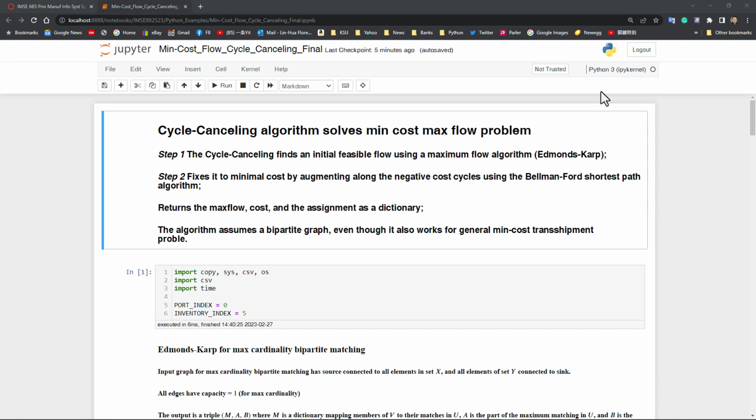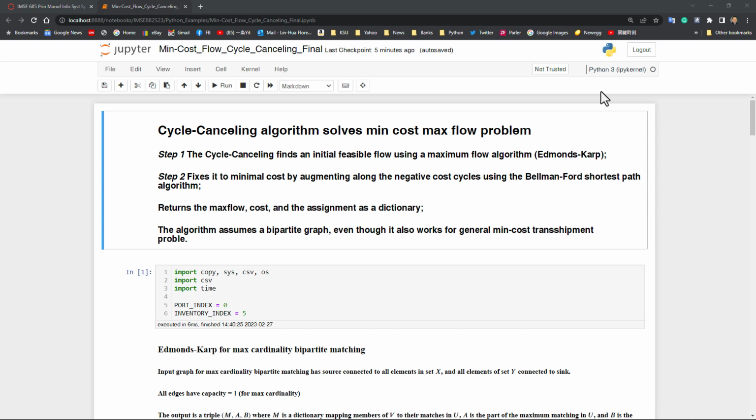The cycle canceling algorithm, as we discussed in the lectures, has to have an initial feasible solution, a primal solution, to begin with, which here we call an initial feasible flow. Step one is to find the initial feasible flow, which we can easily do using a maximum flow algorithm, such as the Edmonds-Karp algorithm we implemented here.